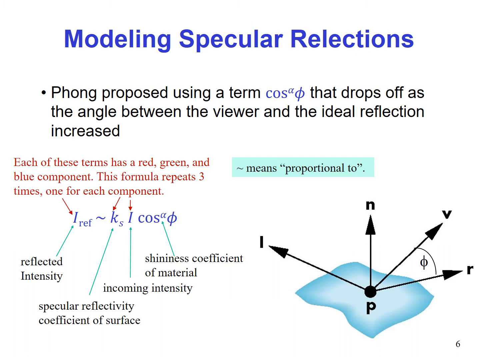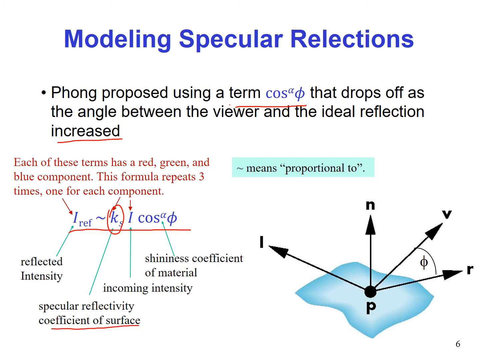Phong proposed using a term cos phi raised to the power alpha that drops off as the angle between the viewer and the ideal reflection increases. So it is defined with this equation. The reflected light is proportional to a component Ks, where the s stands for specular. So it's the specular reflectivity coefficient of the surface.